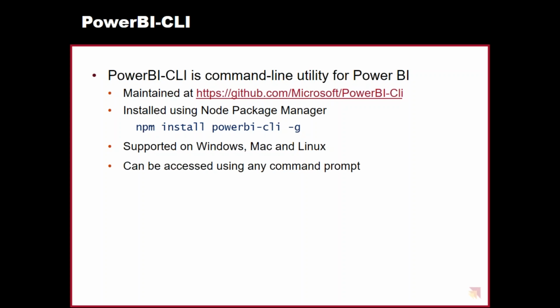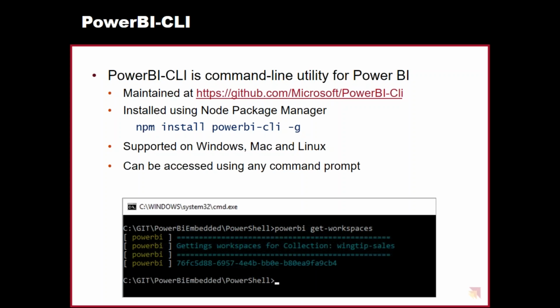Now, this tool can be accessed just using the command prompt. So, for instance, once you install this, if I just go to the command prompt and type Power BI space and add one of the supported commands, we can go ahead and get this thing running. Now, one of the problems with Power BI CLI is it can be driven from PowerShell, but it doesn't give you back nice, clean data.